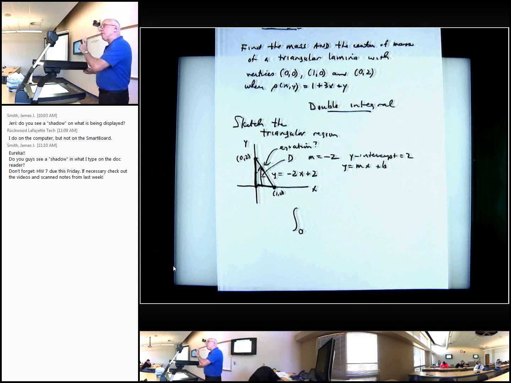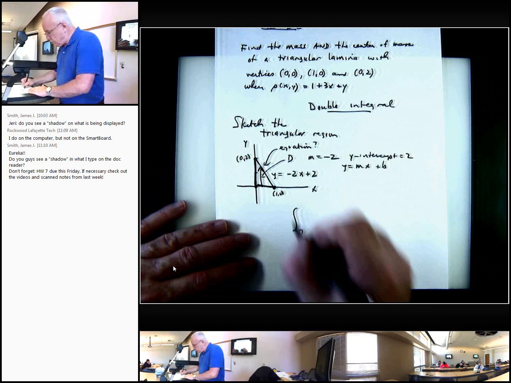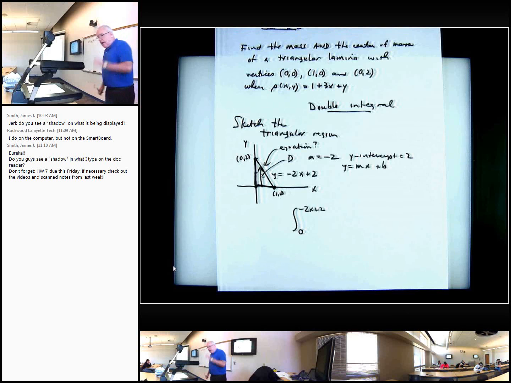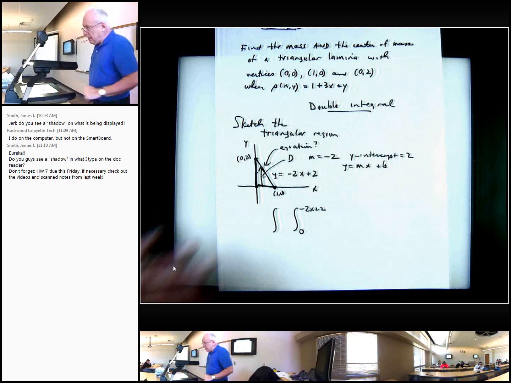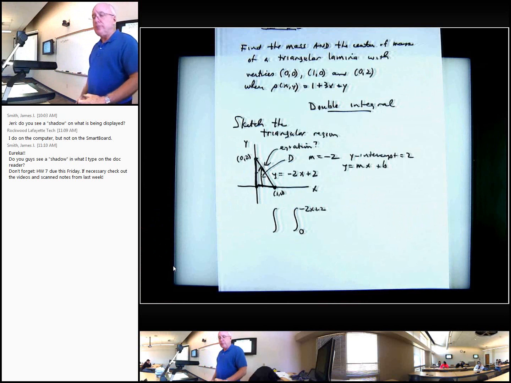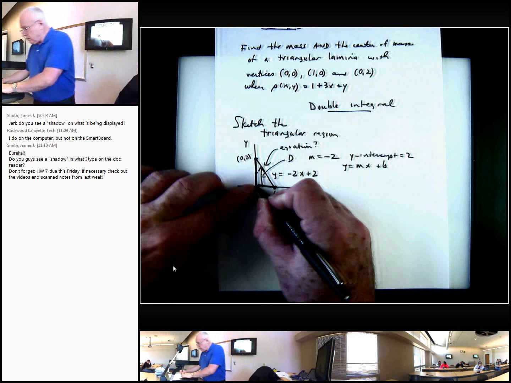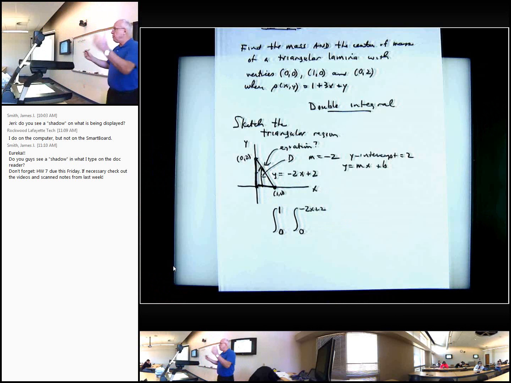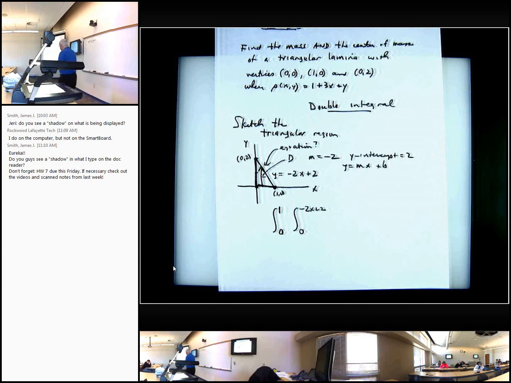You've got to look at the formula of that line, negative 2x plus 2. Now let's put our outer integral. That's our y integral. And over what values are we integrating x? 0 to 1. 0 here, 1 here. And remember, just put it in ascending sequence, in numerical order.